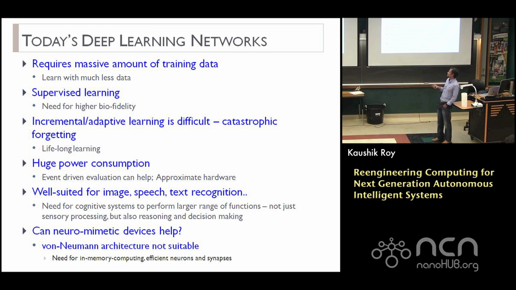Tomorrow's cognitive systems would require a larger range of functions, not just sensory processing, but you need to be able to reason about things, right? When you see something, you reason about it and finally make a decision so that you can take an action. So if you want to have self-flying drones and self-driving cars, you really need to go all the way from understanding, let's say, what's in front of you, to being able to reason about it and make decisions.